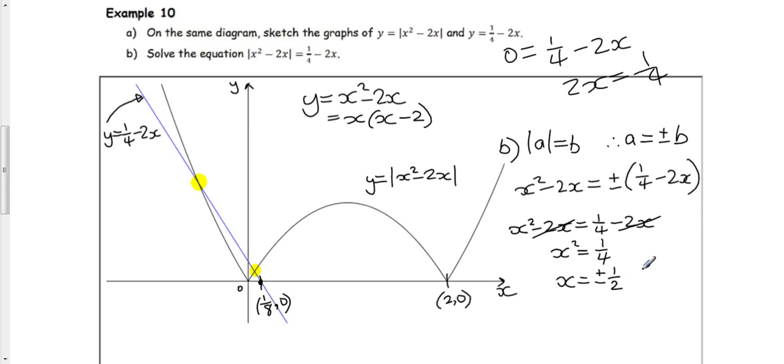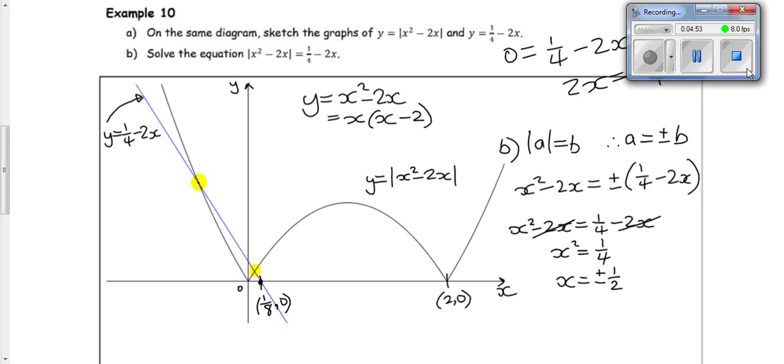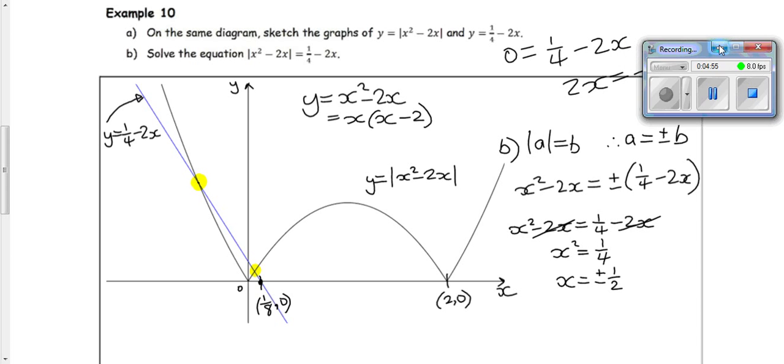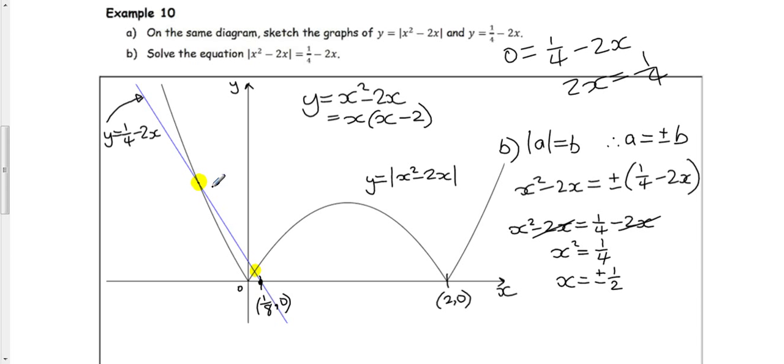Now two solutions there. Looking at the diagram, could we have already found both answers to the question in part B? Well, the one on the left, looking at the graph, this solution where we know x is definitely negative, could be minus a half. At the moment we can't be sure, but we can be sure about the other one.